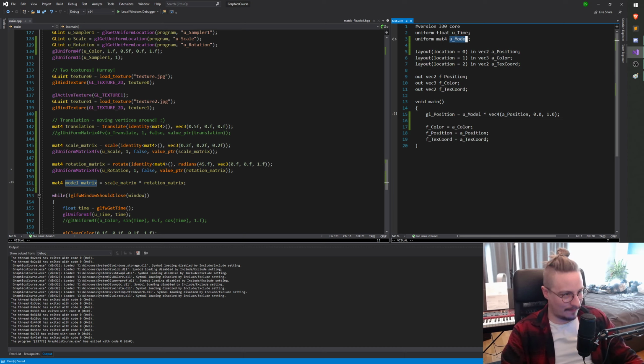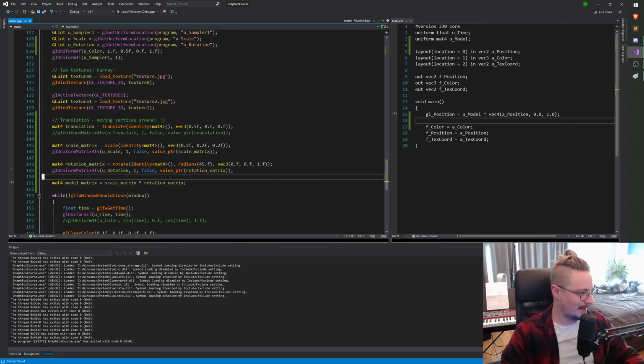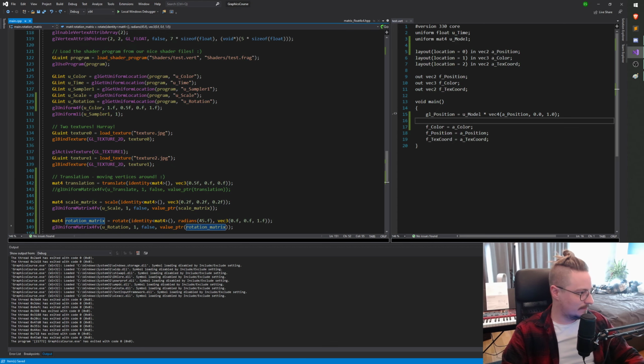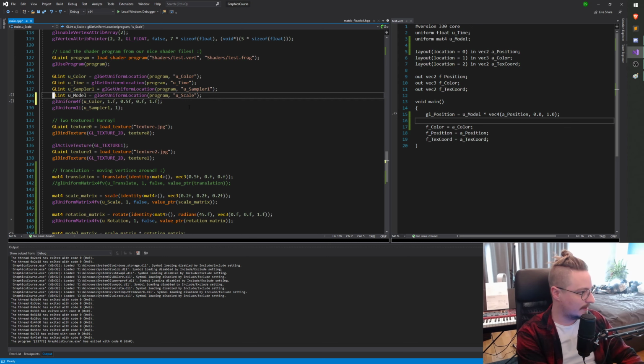So now I only have one matrix, the uModel matrix, and I'm just multiplying that with our vertex. And I'm just gonna combine whatever I need to do into that uModel matrix, so it will always contain all the transformations I've done up to whatever. Cool. So let's make a uModel, and let's remove that.